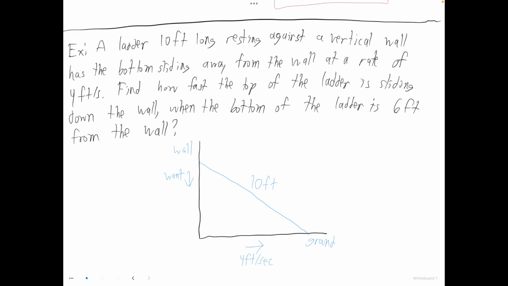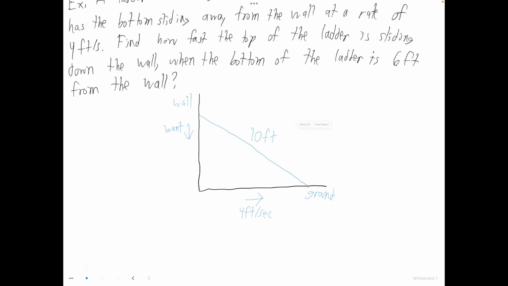So to do this, we're going to assign notation, kind of like we did before. And so we're going to let x be the distance that we are away from the wall, and y is going to be the distance that the top of the ladder is from the ground. So y is just literally this distance here, and x is this distance here. So now using these variables, we can write down the rates that we have in terms of x and y.